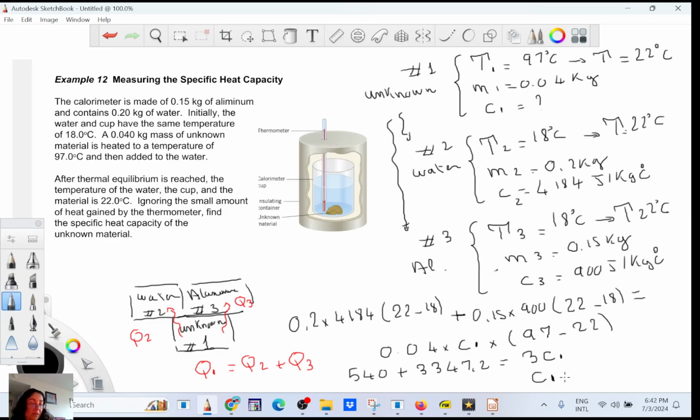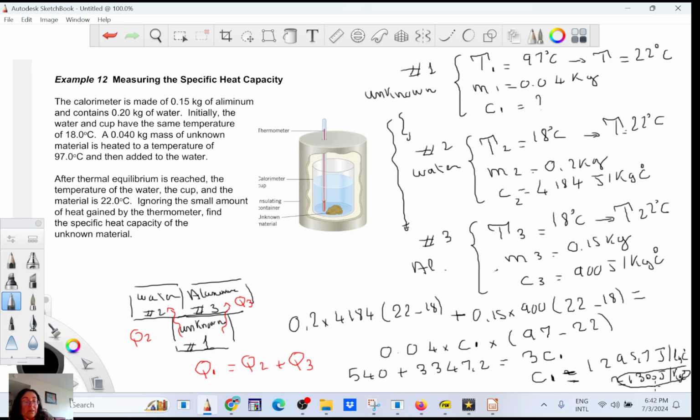And we can solve for C1, which is in that case, okay, so it depends which value you selected for aluminium, about 1300 joule per kilogram Celsius.